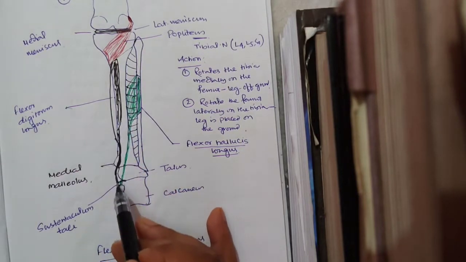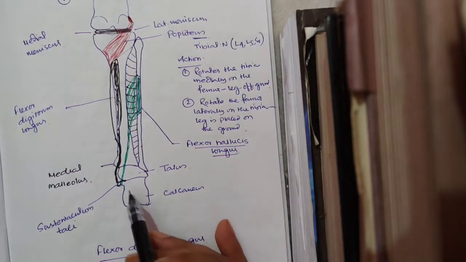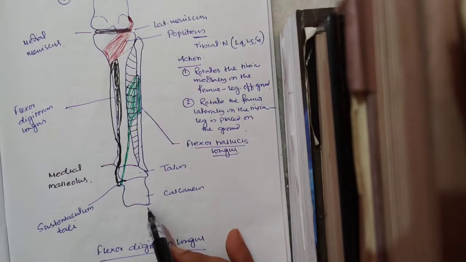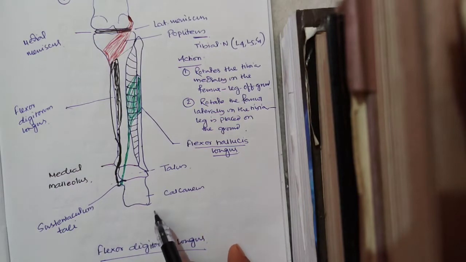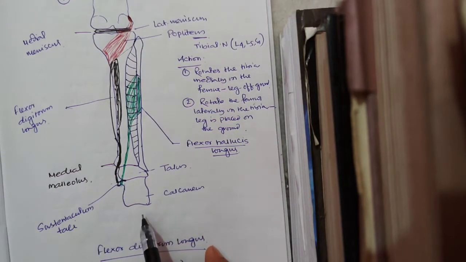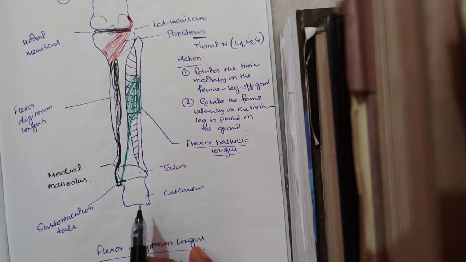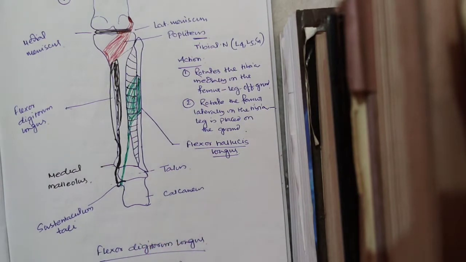That means from medial to lateral, and it is inserted into the second, third, fourth and fifth toes or digits.